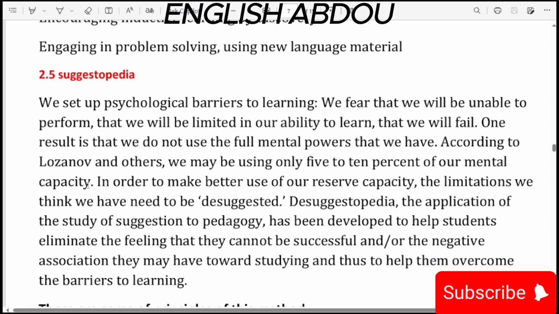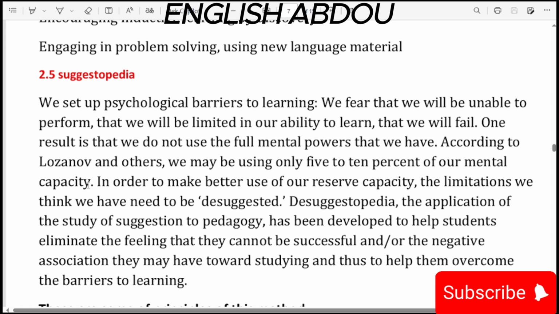So here, in general, it is about the psychological barriers, meaning the limitations and psychological problems that we have when it comes to learning a language or when we are in new situations. And this has happened to all of us, okay?